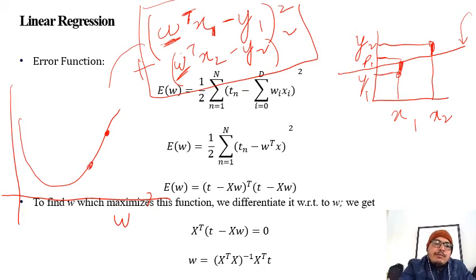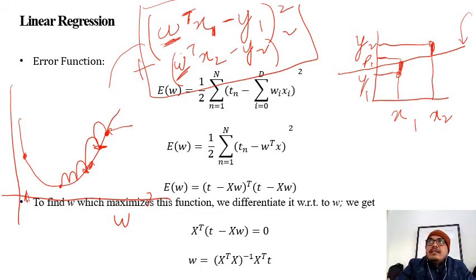Say I have taken some random line which gives me this error. I calculate the gradient at that point and take a walk. I come here, this is my new line, and I calculate the error again. I keep doing this and finally converge to a line which gives me the minimum error. The moment I try to fine tune further, my error will start growing.